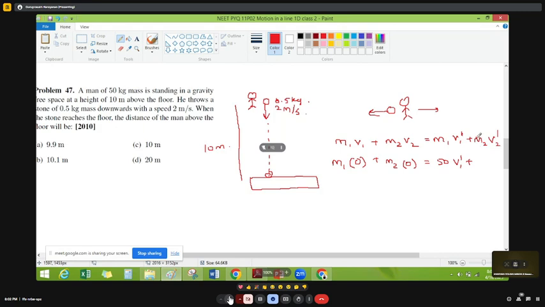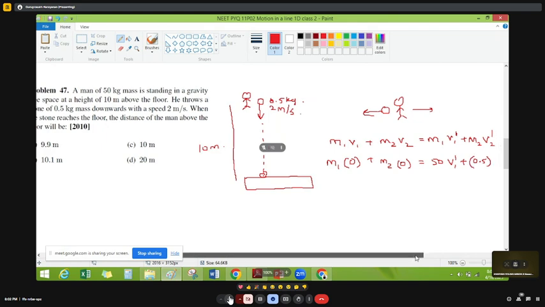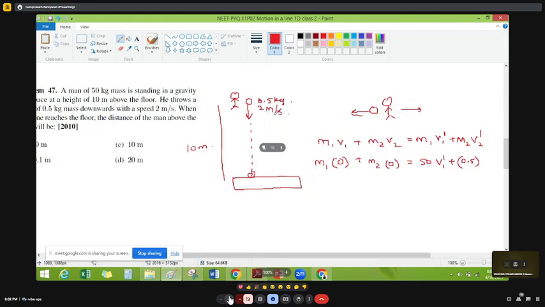M2 is 0.5 kg. It is thrown with the speed of 2 meter per second. So this is downwards, so I have to put a minus. So this side it is going to become 0. This side it is going to be minus 1.